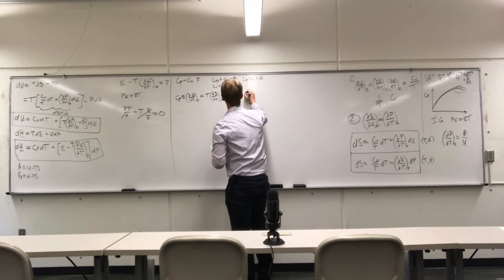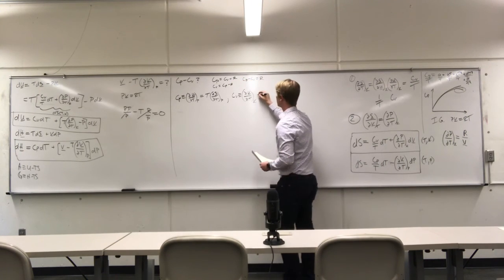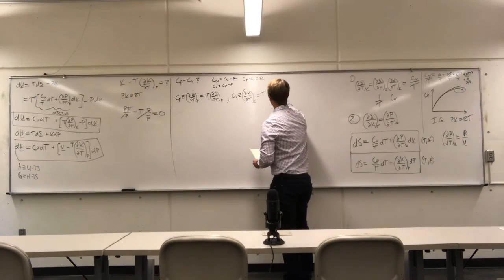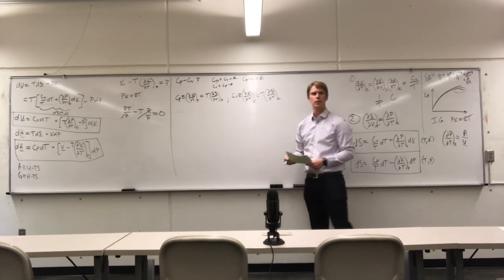Same thing with C sub V, a very similar relationship, except this is defined as the change in internal energy with respect to temperature when the system volume is held constant. And we can also relate it to entropy in a similar fashion as the enthalpy.